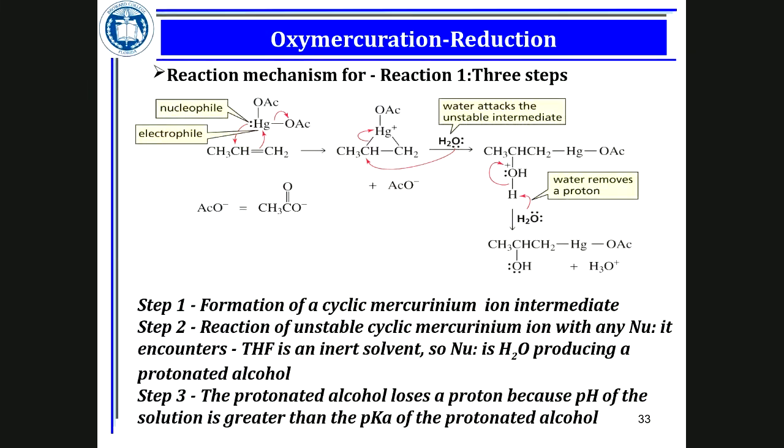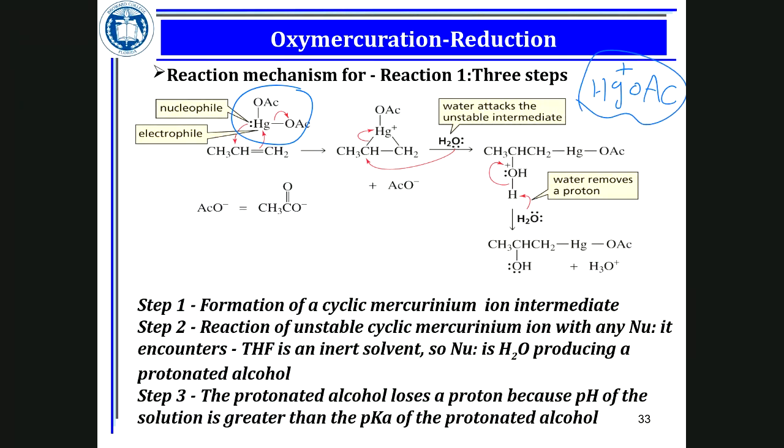The mechanism that is explained in this slide is slightly different from what I said, but believe me, the other one is also valid, or both of them are not very clear, so they are both on the same boat, basically the same level. So you could use either this mechanism here, or what I proposed in the previous slide, where HgOAc plus would generate first and act as the electrophile.